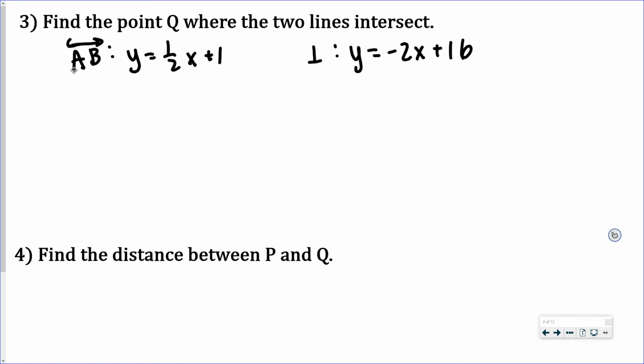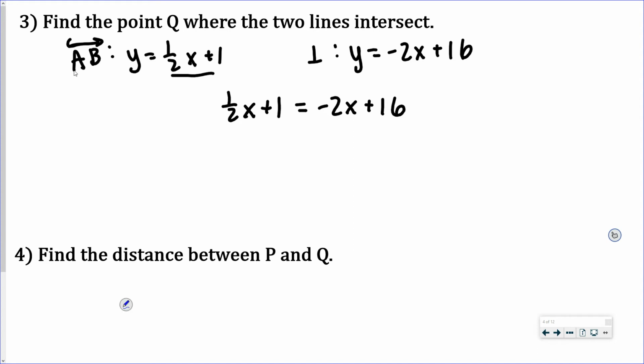If you want to figure out where these two have the same value, or where they cross, or where they have that common point, you're just going to set them equal to each other. And if this is equal to y and this is equal to y, we can do a little substitution, right? So you're going to take this equation of the first line, and you're going to figure out when it's the same value as this line. Set them equal to each other.